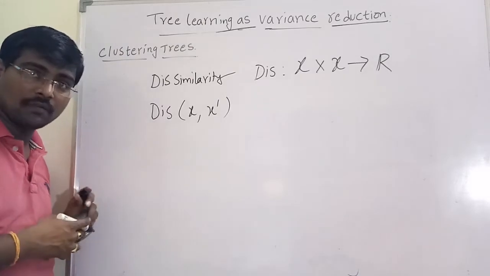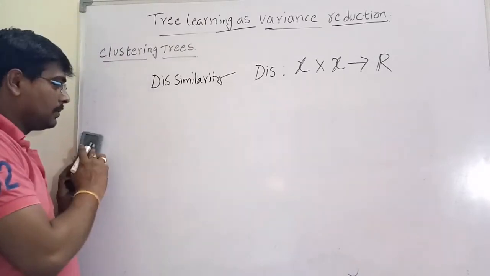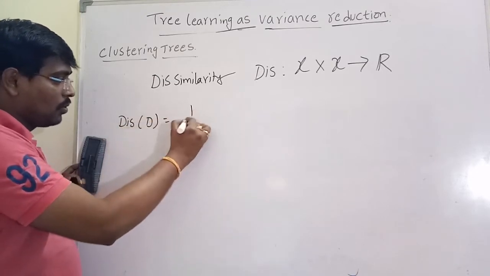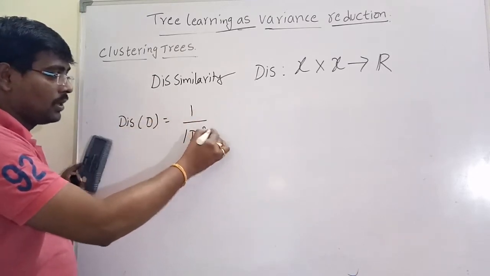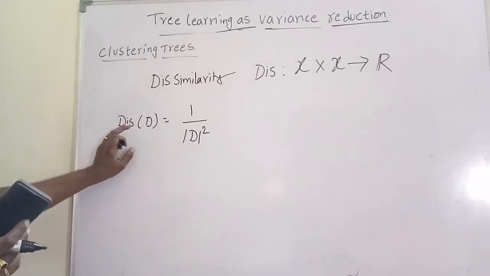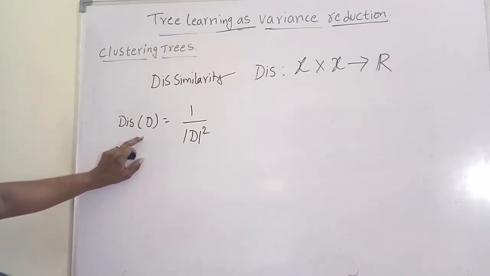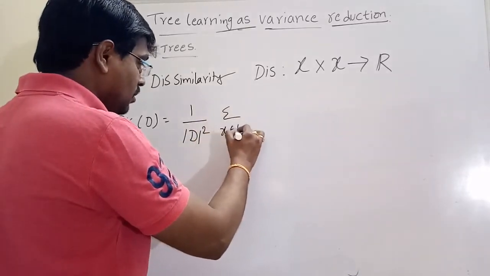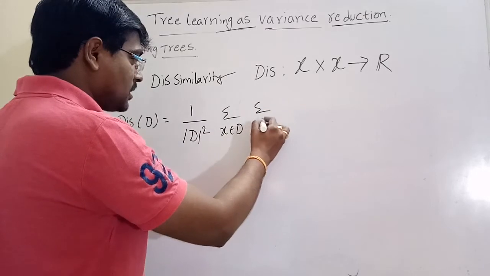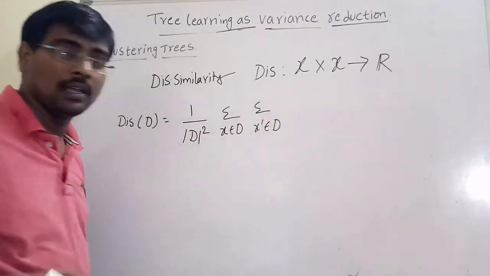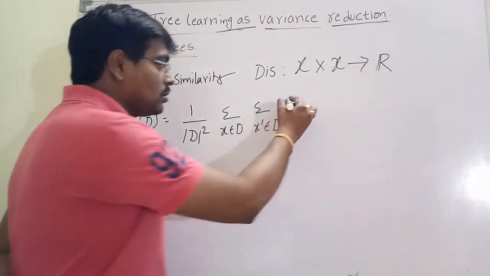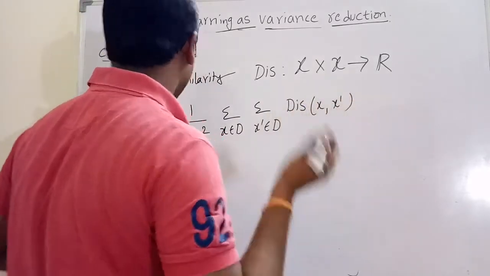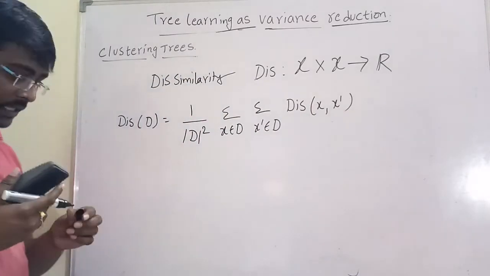Suppose the dissimilarity function for a data set D. The dissimilarity function for a set of instances D is 1 by D square sigma, where x belongs to D and x dash also belongs to D, of the dissimilarity function of x comma x dash.